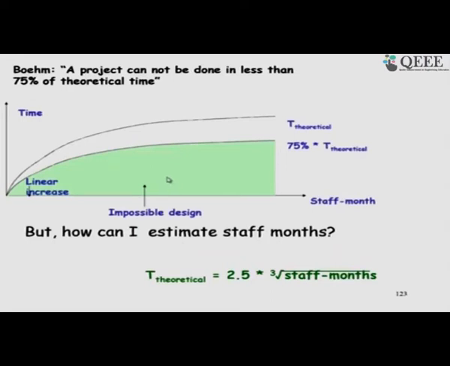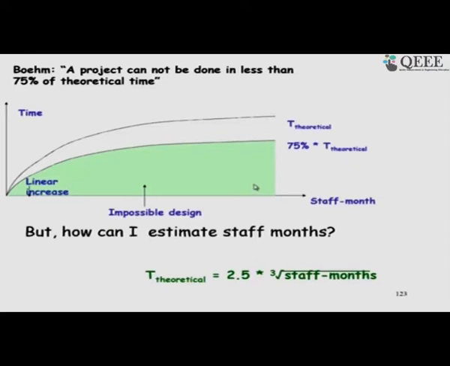So, one thing that Boehm said is that once you have obtained the results from COCOMO, the time duration is the time with which you can do it with the effort that you have estimated. If you want to do it in less time, you need a very high staff requirement, and if you want to reduce the time duration by more than 25%, then it will lead to project failure.